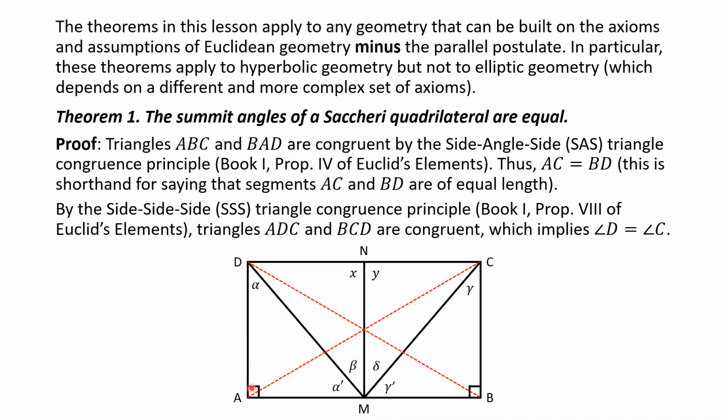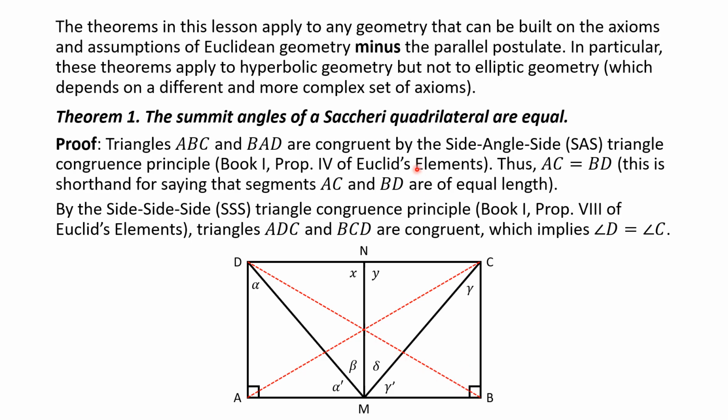And this side, by definition of a Saccheri quadrilateral, AD is equal to BC. And then the two triangles share the same base, AB. So by side-angle-side, ABC is congruent to BAD. And what that implies is that AC, this long side here, is equal to BD.